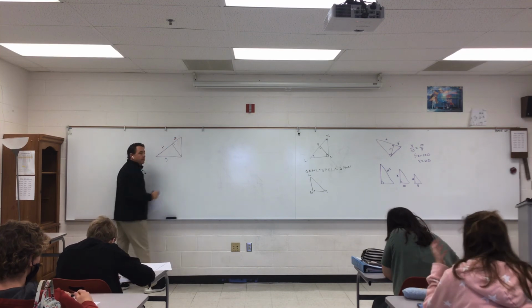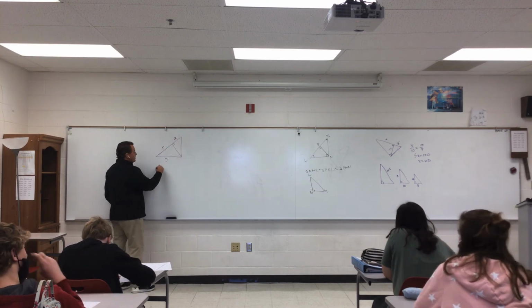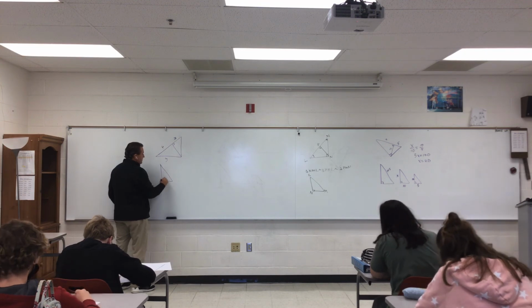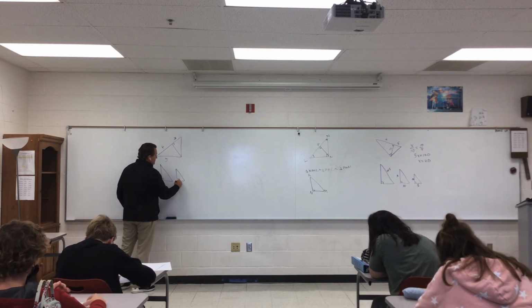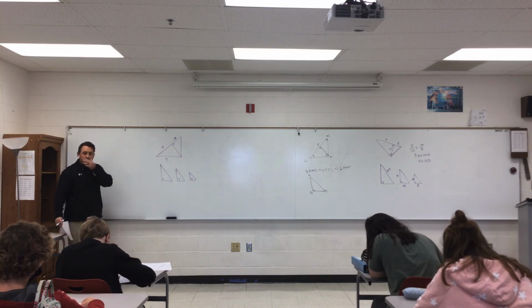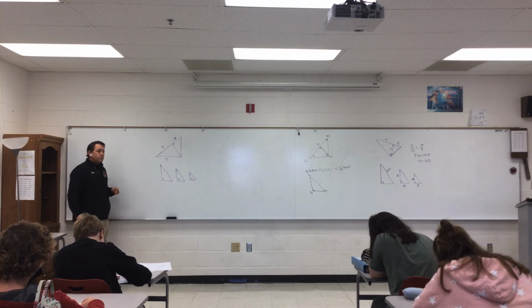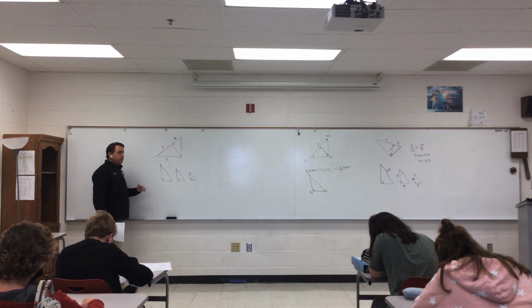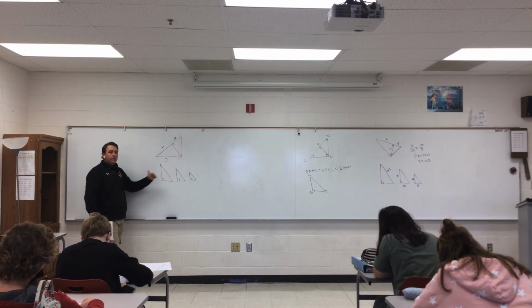Okay, now for this one, here's what I want you to do first. Draw 3 triangles in. Big one, medium, small one. All right, so we got 3 right triangles. Because if I draw them out, now it'll make it easier to tell what goes with what.